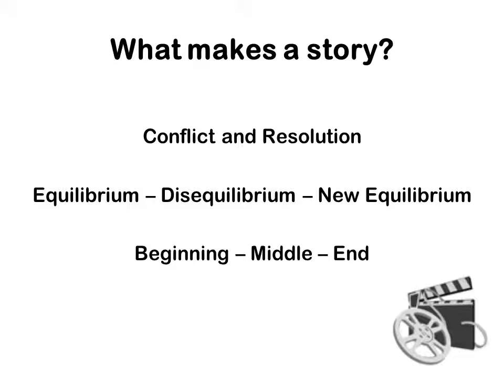We don't know who caused this problem. At the end, we will know who made all this trouble, because we want the audience to watch the film and guess, and at the end they will know what is happening.